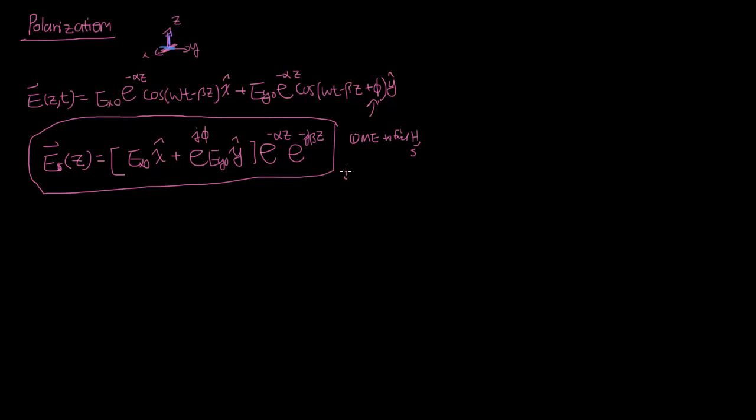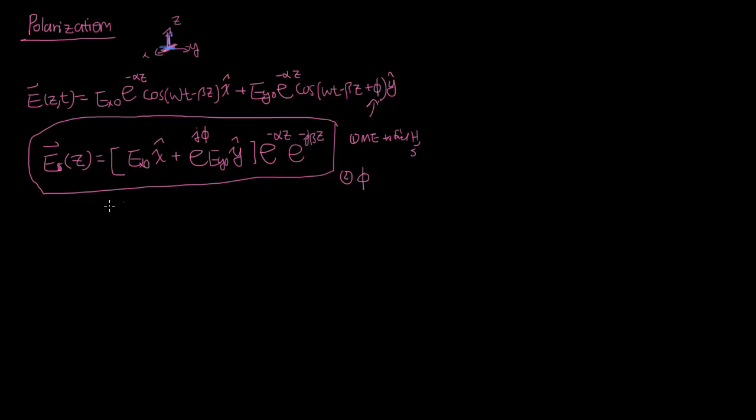The second is that the phi describes whether the sinusoid in the y direction leads or lags the x component, and so depending on whether it leads or lags, that's going to change the component. And then also note that if you wanted to simplify it to our clean, just in the x direction case, you just make EY equal to 0. And then separately, if you wanted to make this lossless, you just set alpha equal to 0.